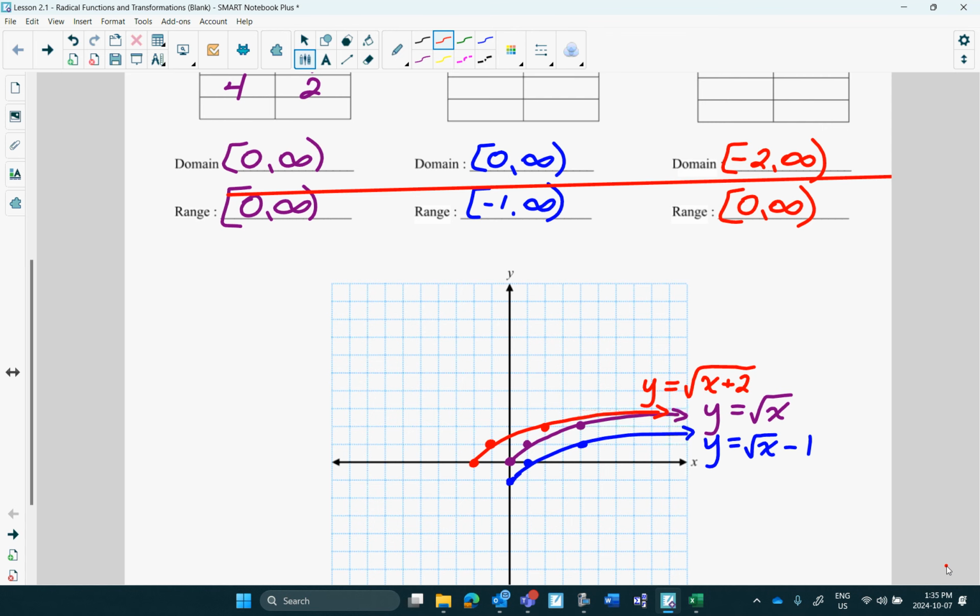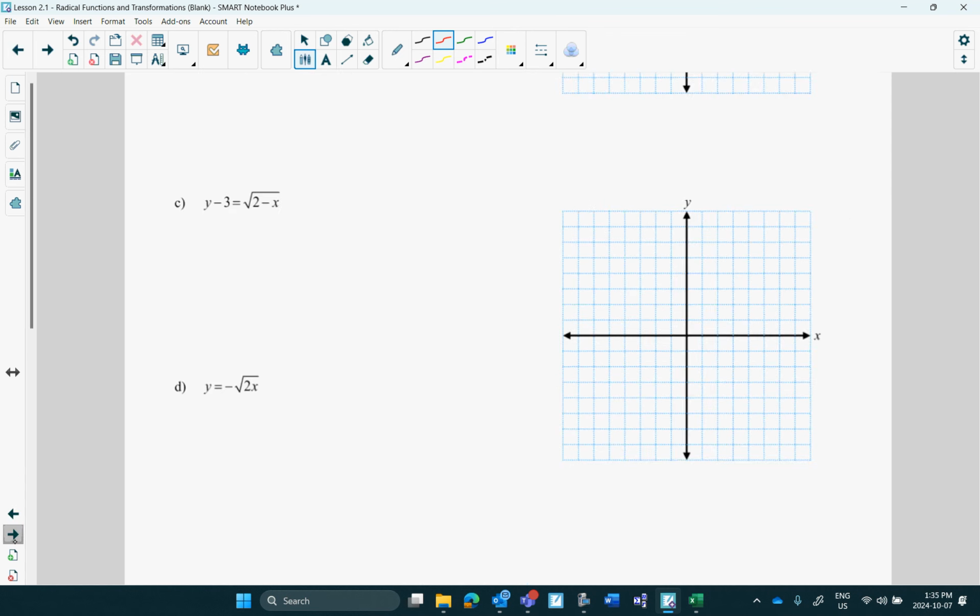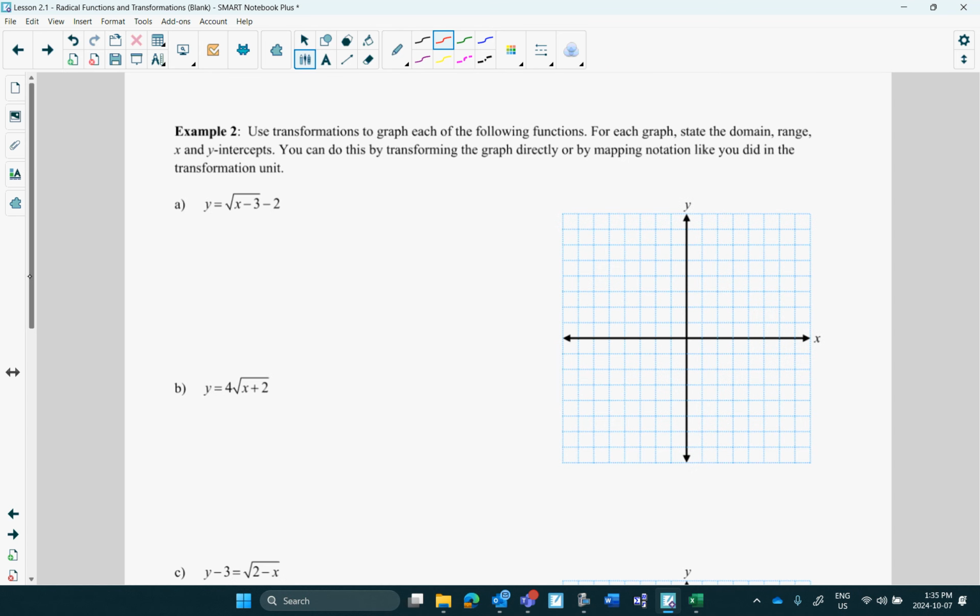Now these next ones, like I said, you can do it one of two ways. You can do it on the graph if you feel comfortable enough doing it. But if there's too many transformations and it gets a little too complicated, what's the other way?